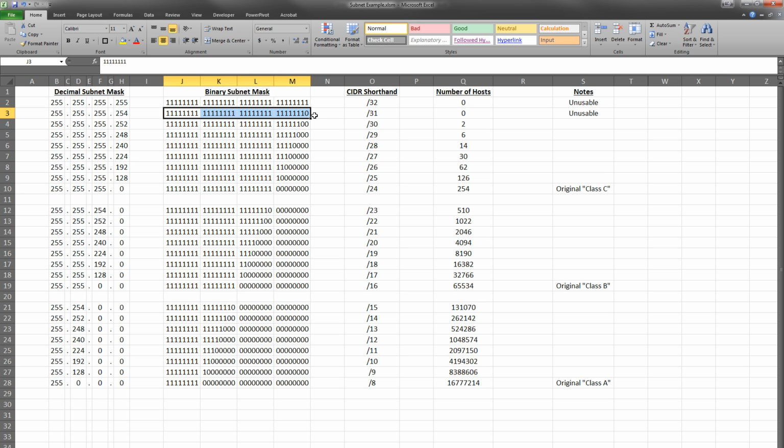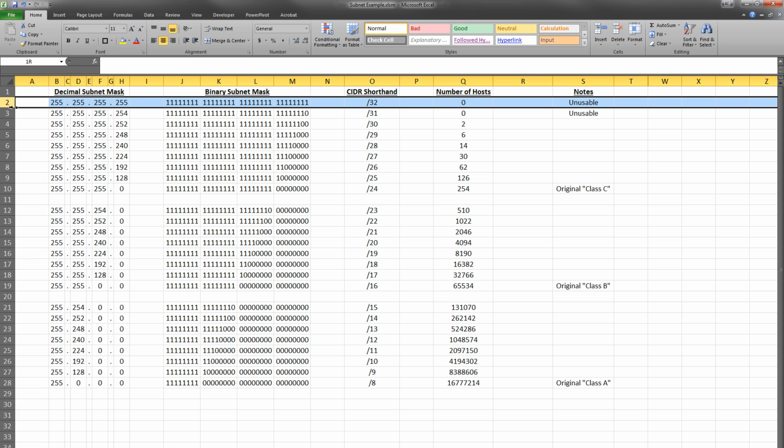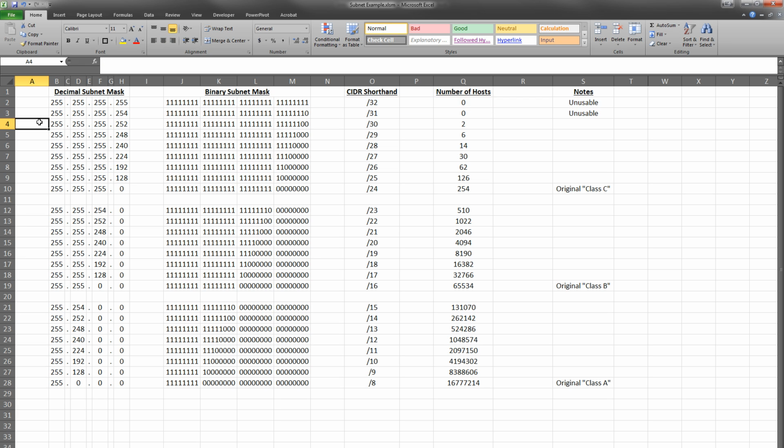The problem here is we don't have room for a broadcast address, a network address, and a host, because we only have 1 bit at the end, or 2 potential spots that we can assign. Because of that, we can't use this one either for hosts, because it doesn't have enough spots. So these top 2 are really unusable. But after that, we can use any of these other subnet masks.